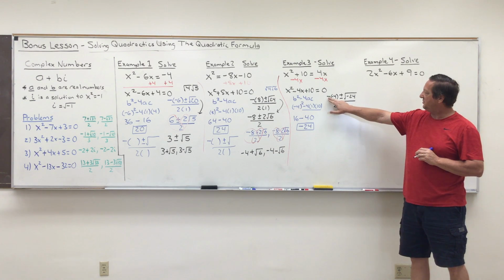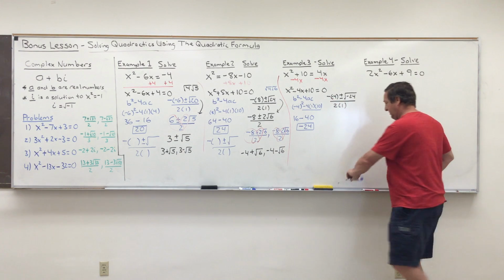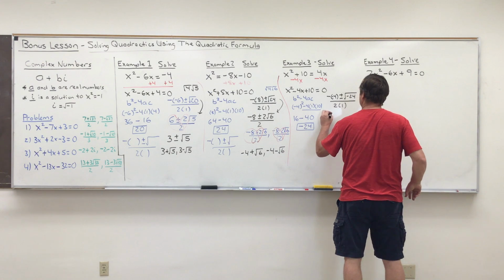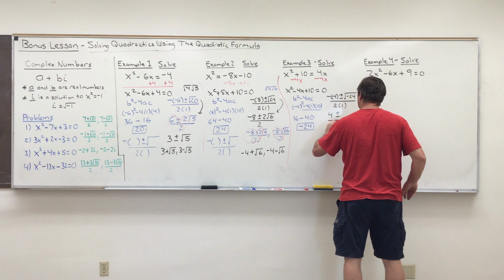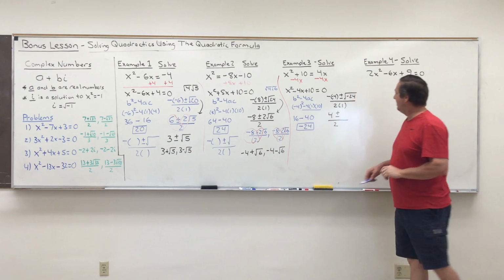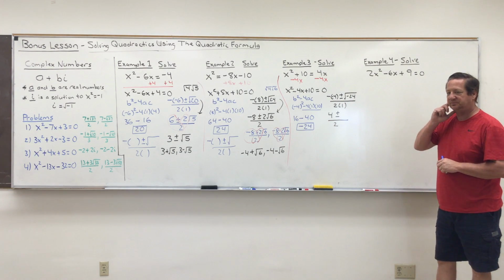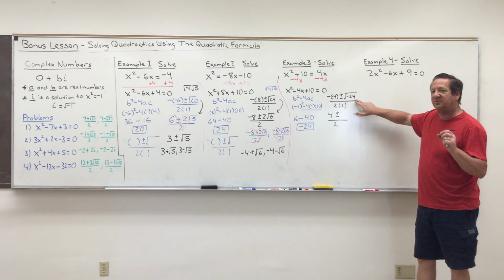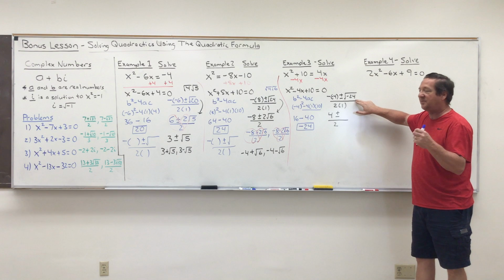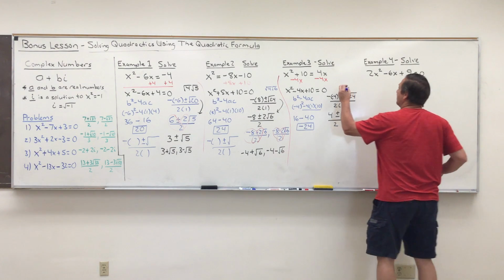And so this would be positive 4 all over 2. Okay, now we're going to do this square root of negative 24. And so remember, if you did that assignment, that's why we did the assignment, this is going to look like this.